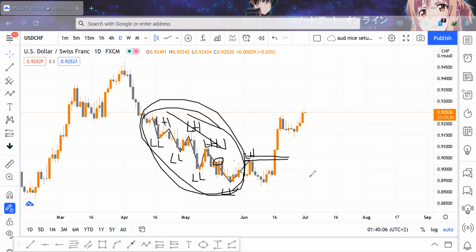right? For me to have tradable opportunities, I would want to see this area here being completely broken, right? Completely broken by either a large candle, or completely broken and then retested with signs to say that it is still pushing to the upside, right?